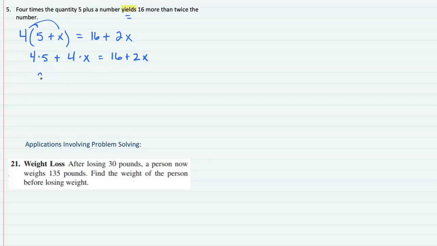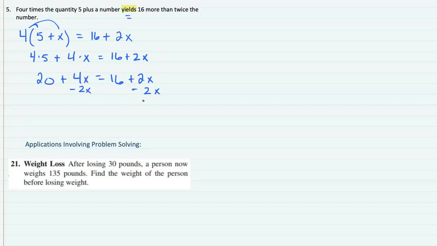All right, so now we've got 20 plus 4x equals 16 plus 2x. All right, my largest number of x's is over on the left, so I'm going to get rid of the x's on the right and bring them over to the left. So I'm going to say minus 2x, and that will keep me from getting a negative x.